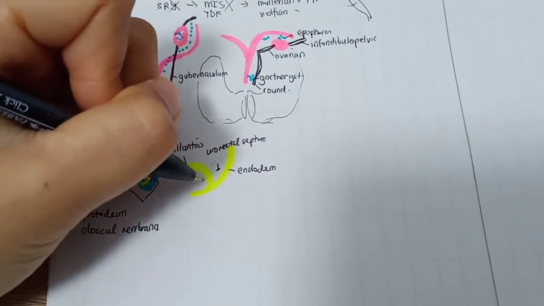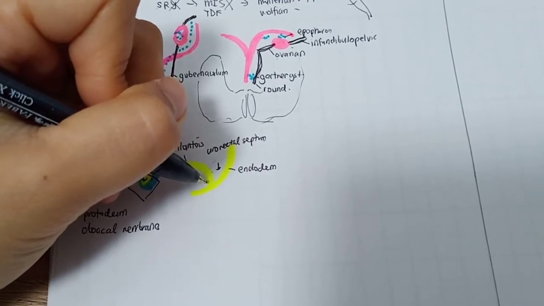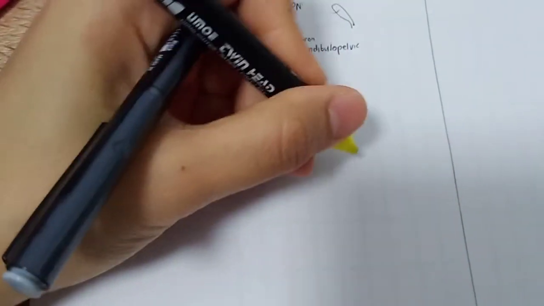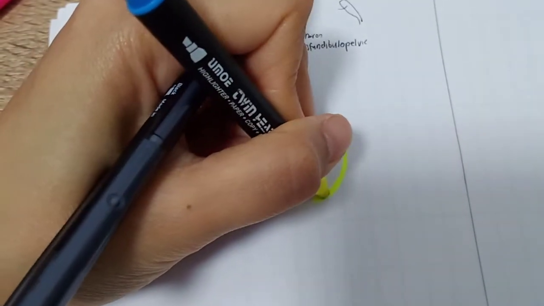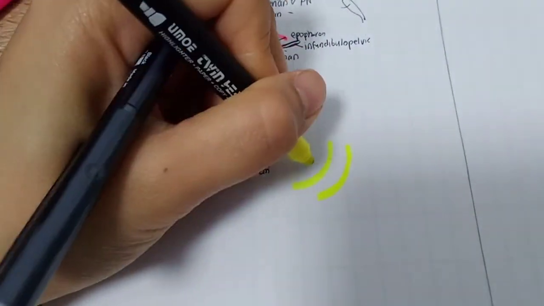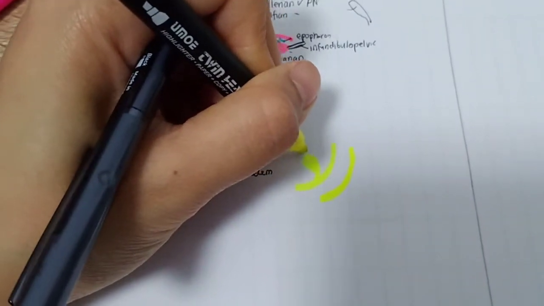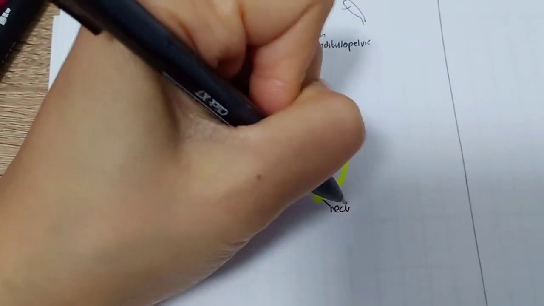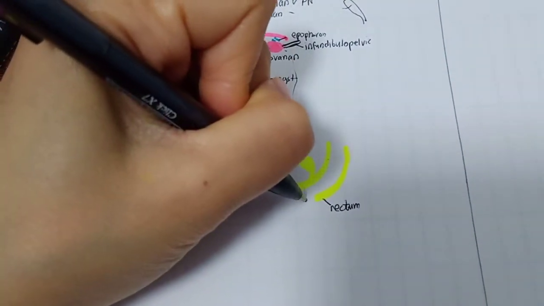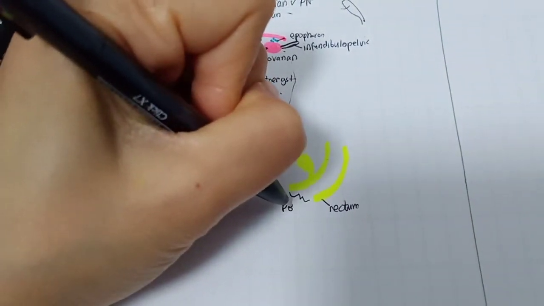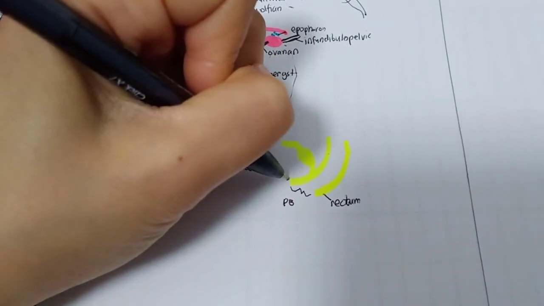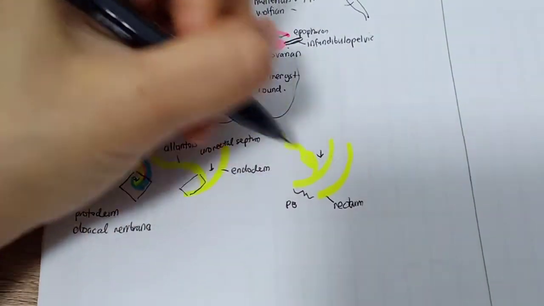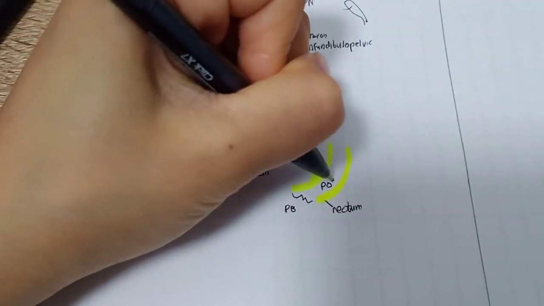So here at this point is what we call the cloaca. What happens is that with further differentiations and divisions, it will become the rectum here. It's going to be the bladder here. So we have the rectum. When it separates, it becomes the perineal body. So what we have here is the urorectal septum.